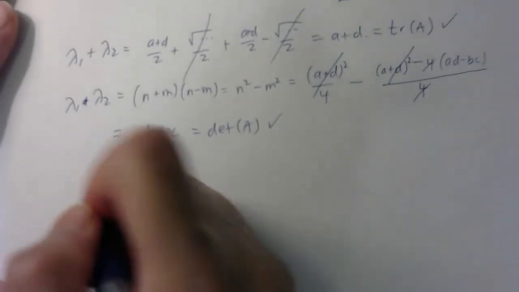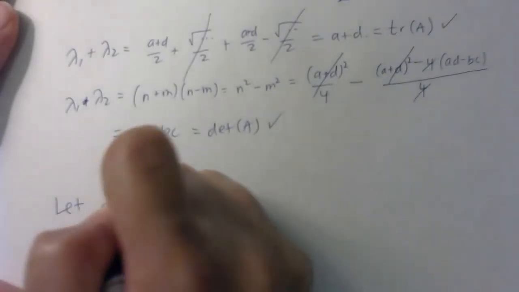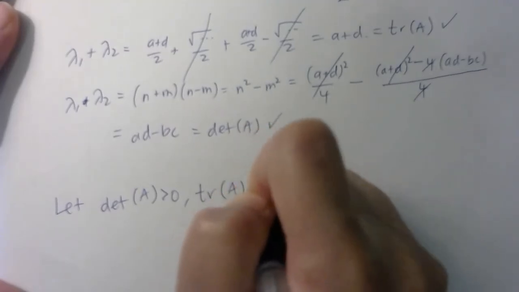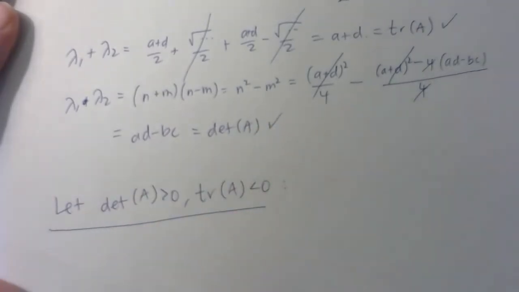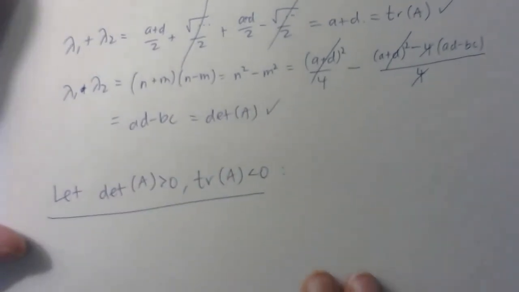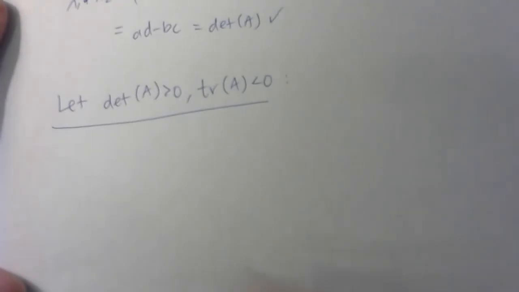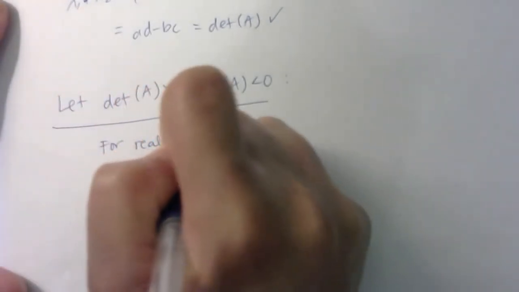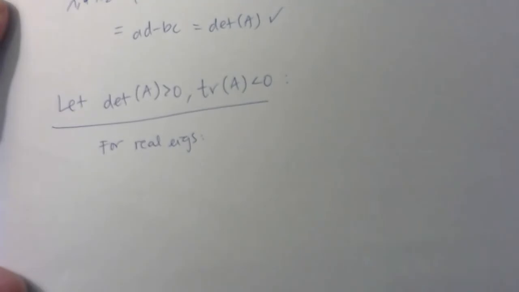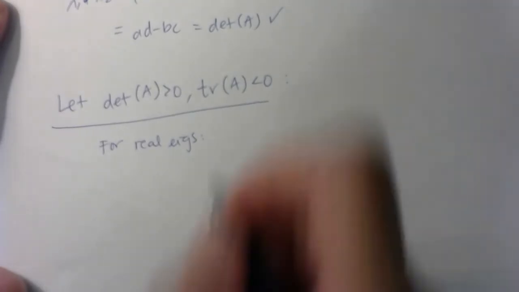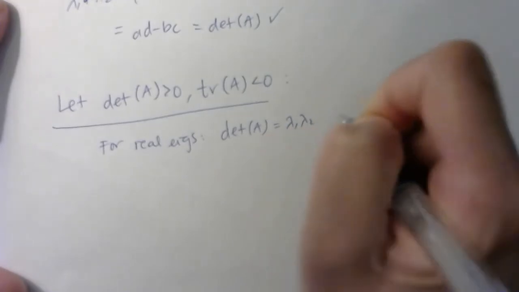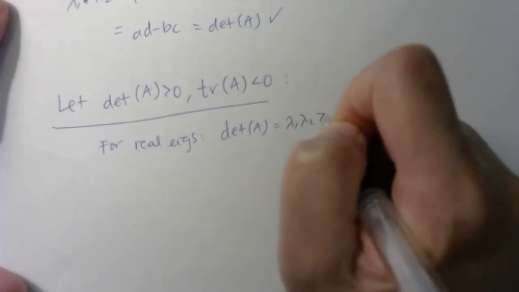Great. Now the thing we want to conclude. Let's let the determinant of A be positive and the trace of A be negative. So if I have two real eigenvalues, the determinant of A is going to be lambda 1 times lambda 2, and we're assuming that's positive.